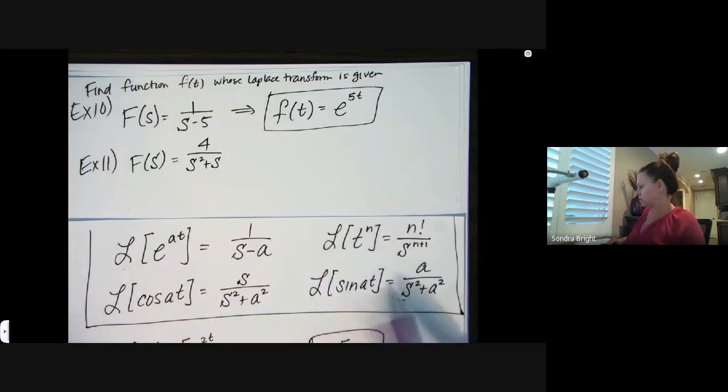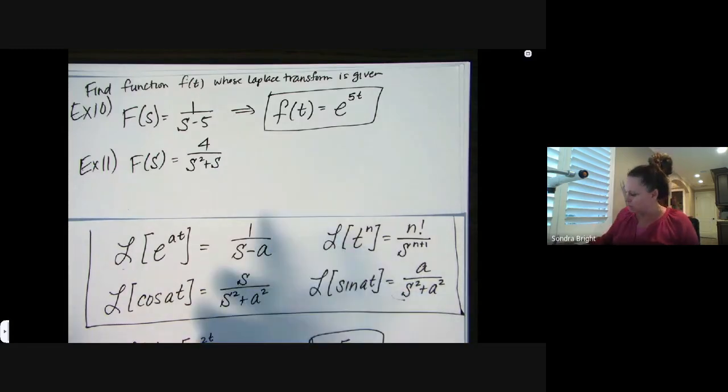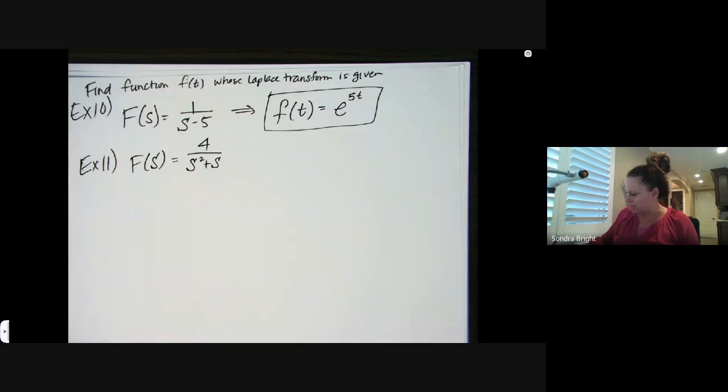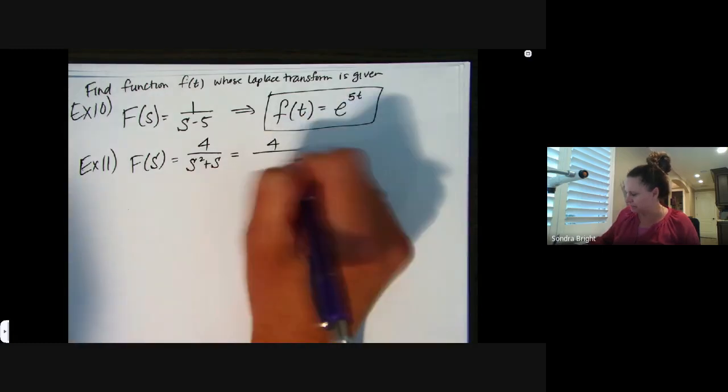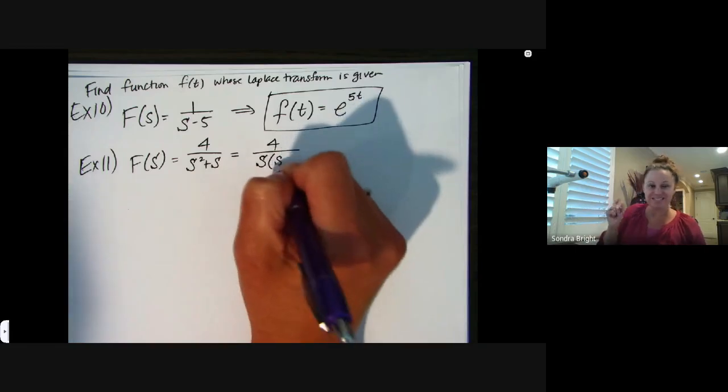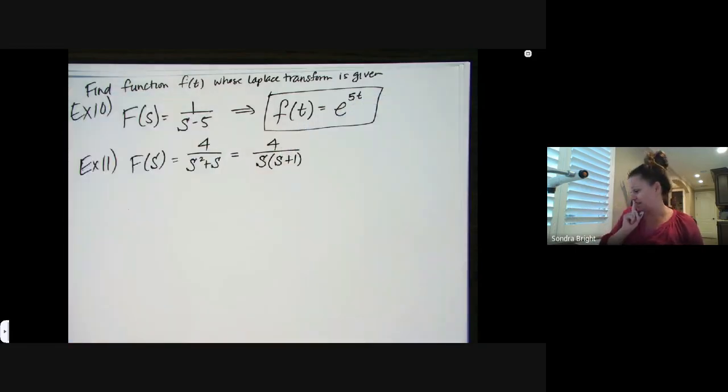So here's what you'll do. You are going to factor the denominator, so it's s times s plus 1. Still not helpful, because I need to separate these into separate fractions.